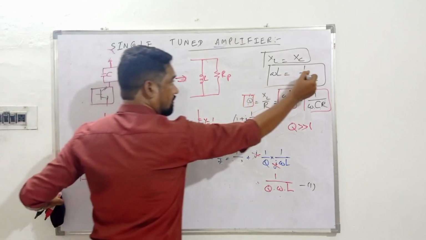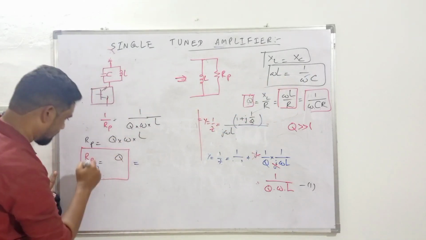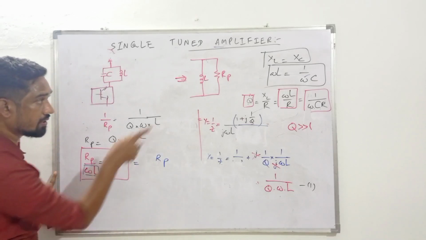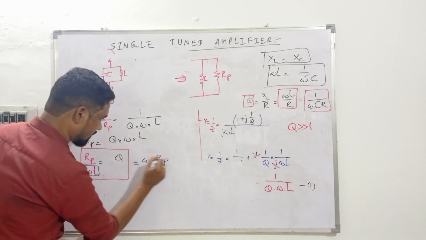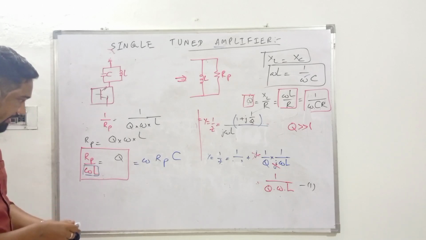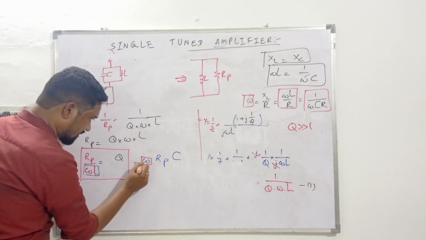At resonance, here omega L will be 1 upon omega C, and Q has another form, Rp as it is, this omega L will be equal to 1 upon omega C, that flips up, so omega into C, something like that.